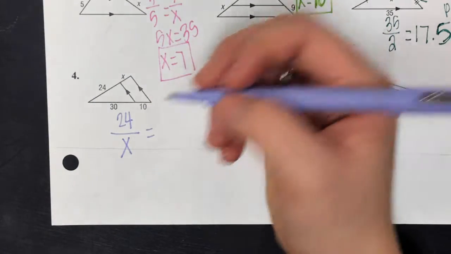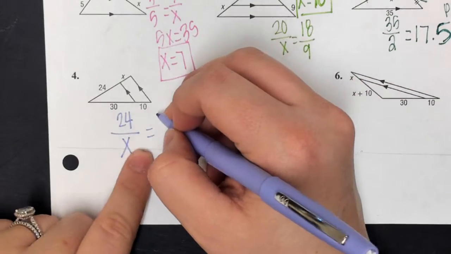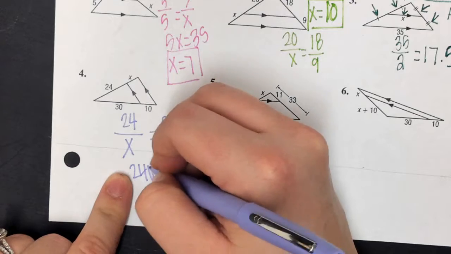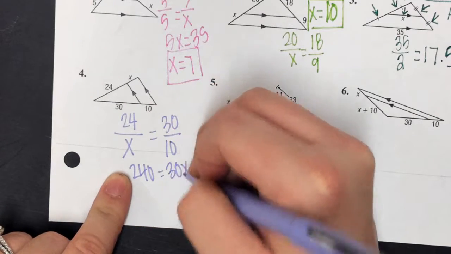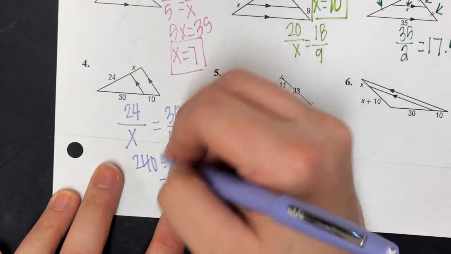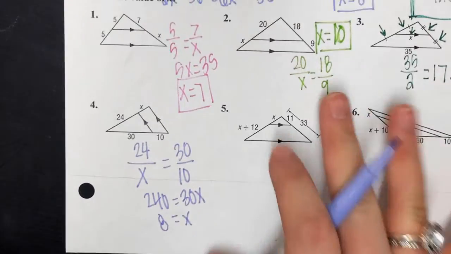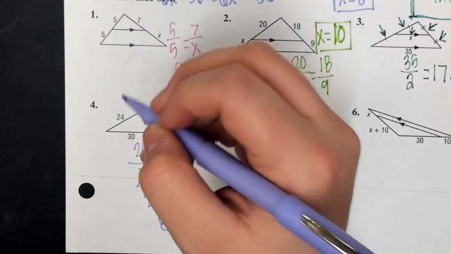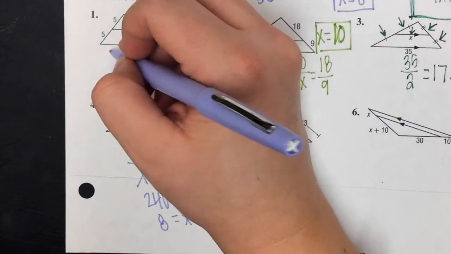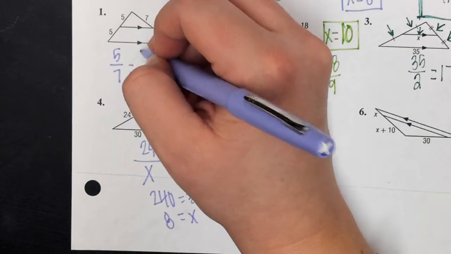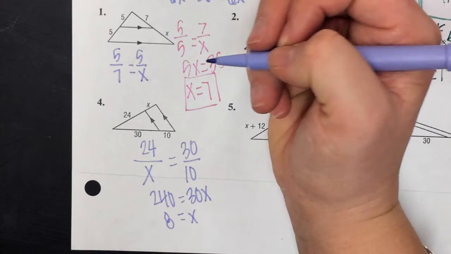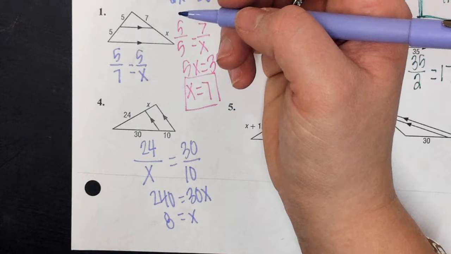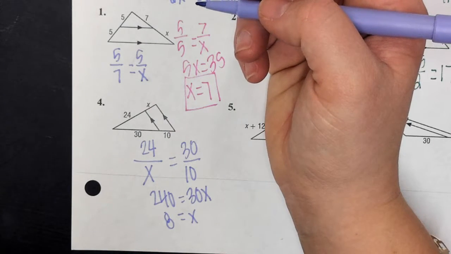Yeah, because I did 24 over x and 30 over 10. You should get 240 equals 30x. 240 divided by 30 is 8. So I wonder, 5 over 7 equals 5 over x. Does it still work? Yes. So you can do it either way.